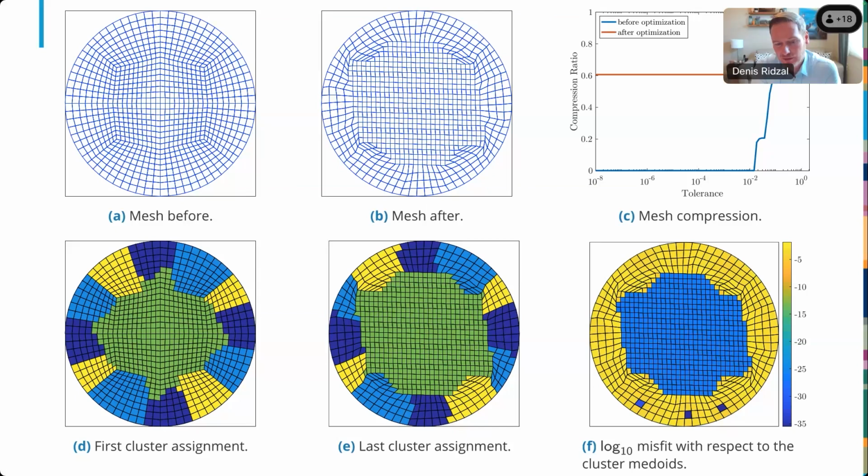What you will end up seeing in triangular meshes, when we do this compression, is strips of checkerboard-like patterns with the triangles, because they all have different orientations.